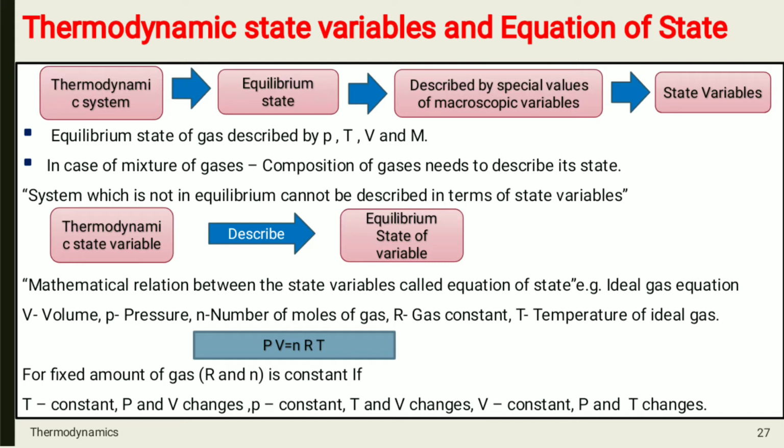If that tube of the tire breaks or bursts, then what will happen? Air inside that tire suddenly expands to the atmosphere. Due to this expansion, pressure of air is not uniform everywhere. So, this system is not in equilibrium and we cannot describe its state in terms of state variables.